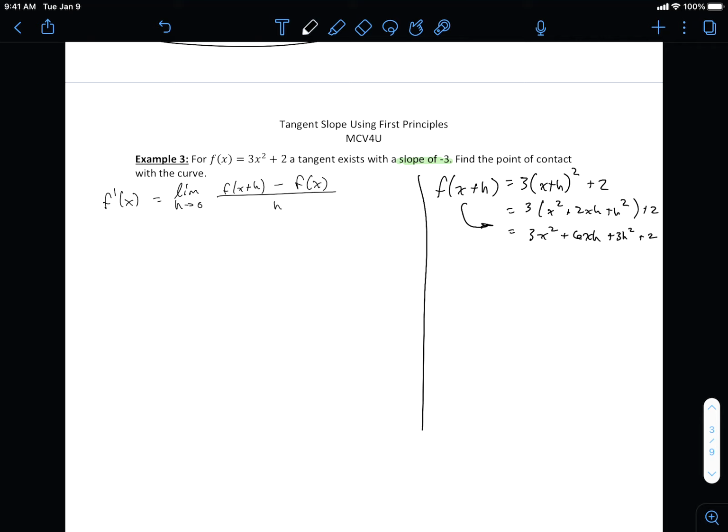Now, the catch here is that I don't know an x value, and so I'm stuck with the fact that f of x is still 3x squared plus 2. Now we have both pieces of information.